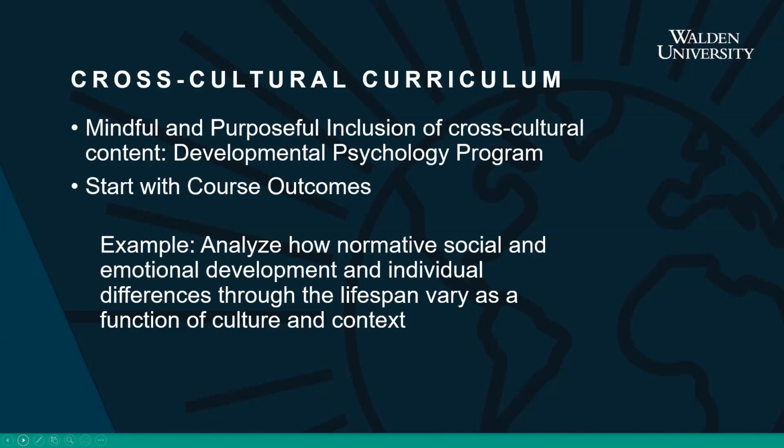That means how our social development and our emotional development are different in different cultures, how it's different individually, and how it can be influenced greatly by the culture we are raised in and the context we are being developed in. Next slide, please.